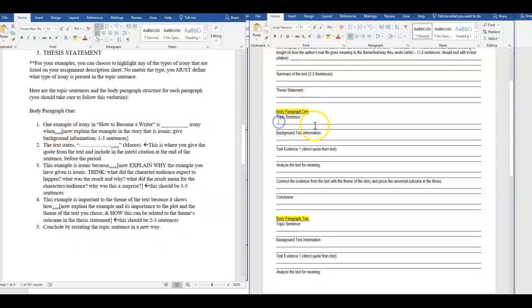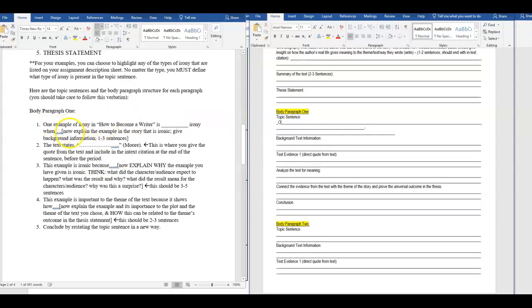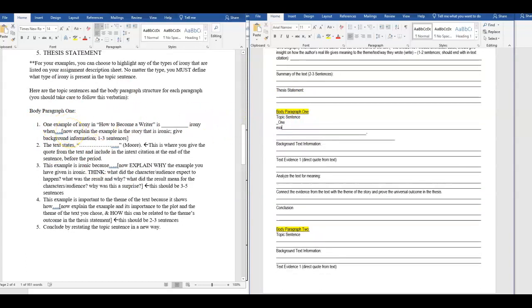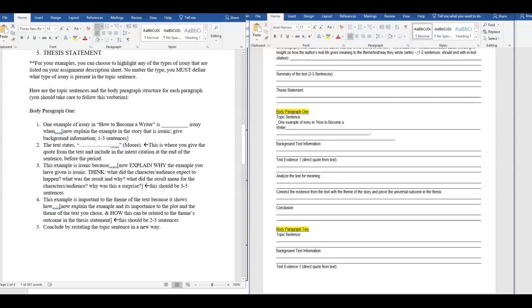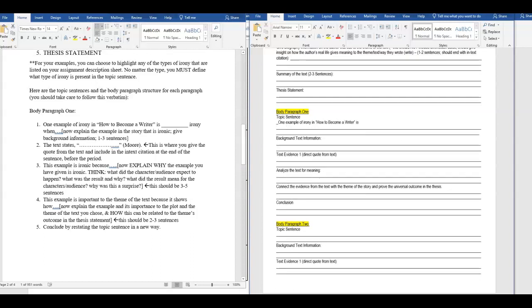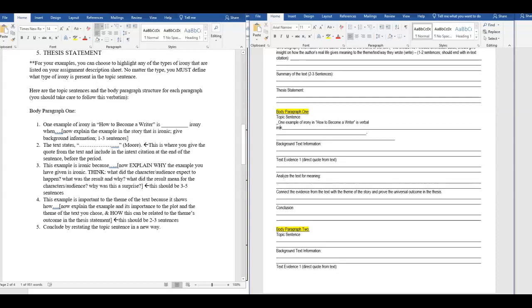You should start with your topic sentence: one example of irony in "How to Become a Writer" is, and let's just say we chose verbal irony.